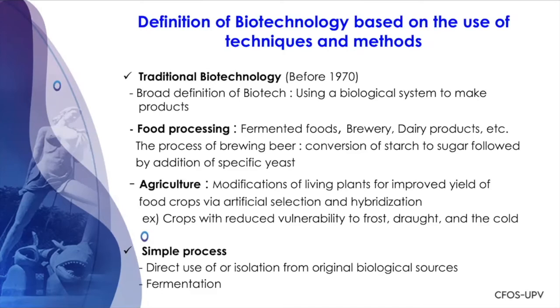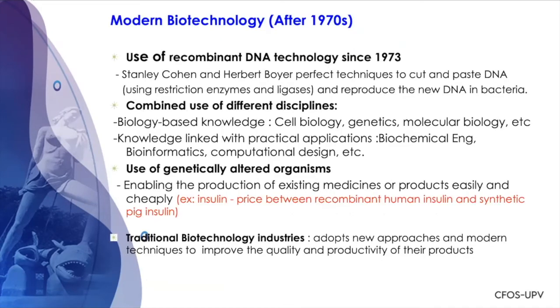For agriculture, we have the modifications of the living plants for improved yield. So ayan, meron tayong artificial selection and hybridization of crops. And we also have the direct use or isolation, simple process, direct use of or isolation from original biological sources or fermentation. So ayan, tingnan nyo na lang ito class, no?